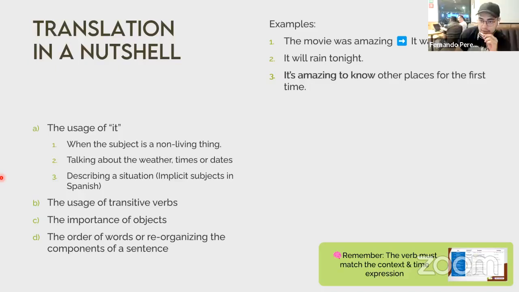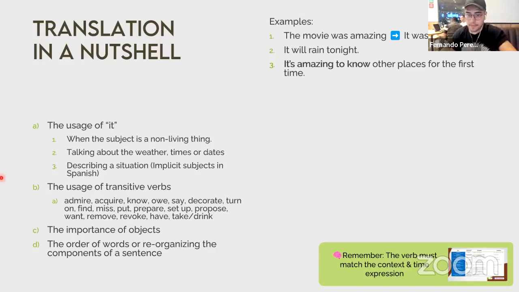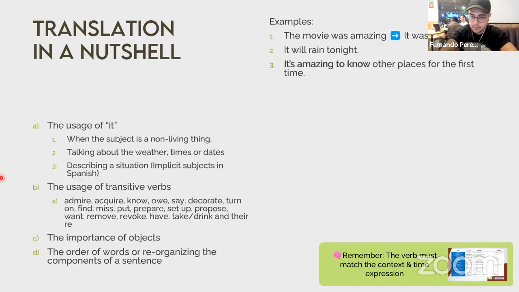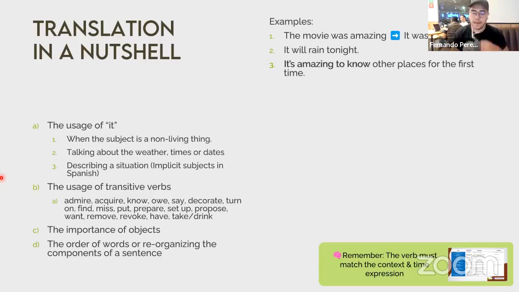Why is this important? Because when we talk in Spanish, sometimes we don't use the corresponding word in the corresponding position, right?